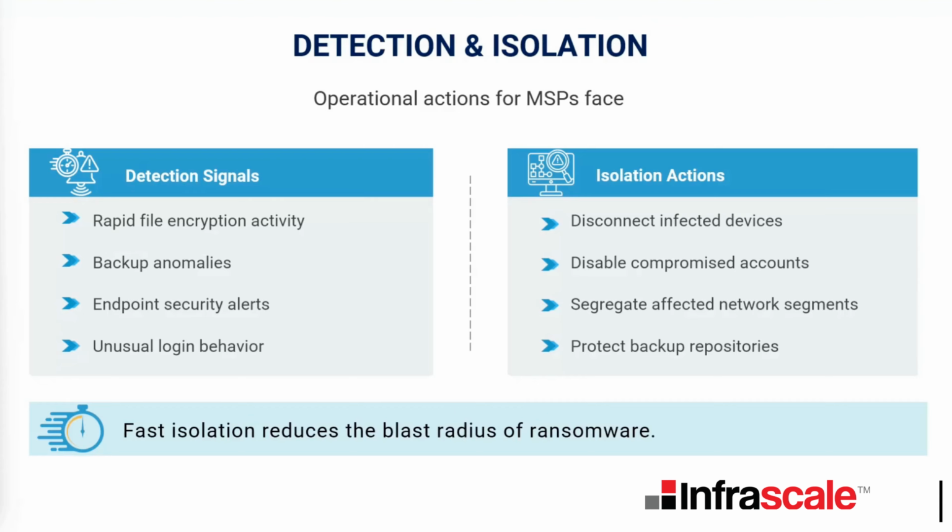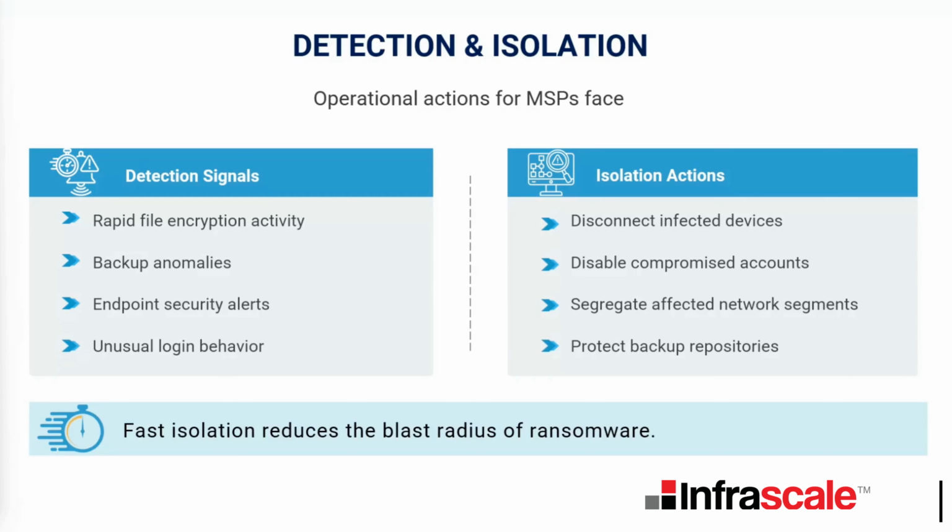At the same time, it's important to disable any compromised user accounts that may be helping the attacker move through the network. In some cases, teams will also segregate affected parts of the network, essentially isolating certain segments to contain the threat. And very importantly, organizations should take steps to protect their backup repositories, since attackers often try to target those next.